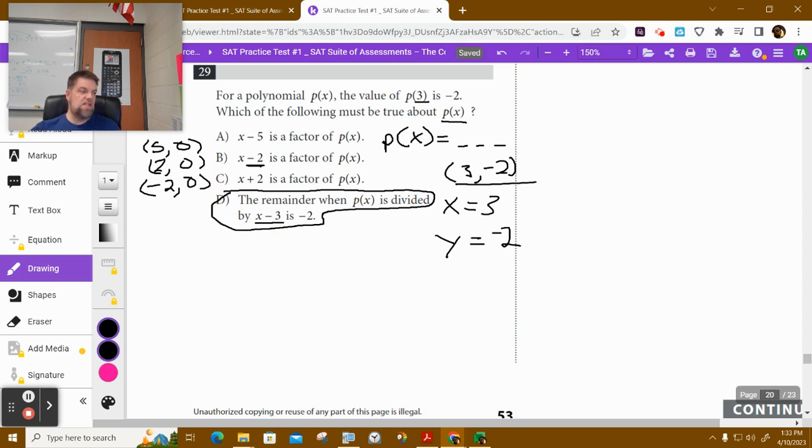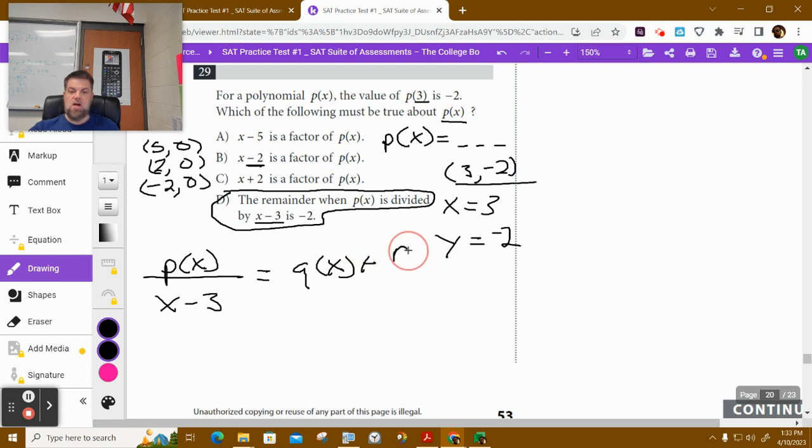What this means is that when you take p of x and divide it by a factor of x minus 3, then that would equal q of x plus r over x minus 3, where q is a polynomial and r is a real number.